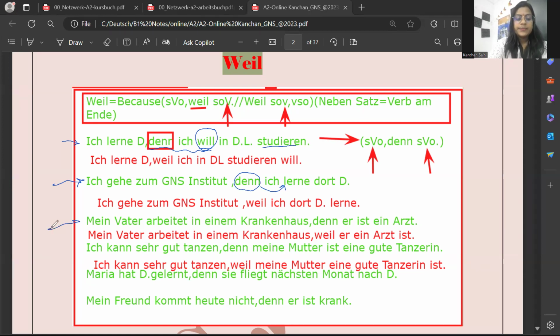Next sentence. Mein Vater arbeitet in einem Krankenhaus, denn er ist ein Arzt. My father is working in a hospital because he is a doctor.